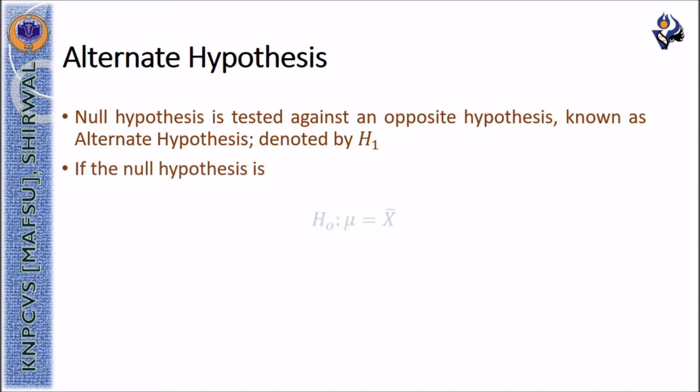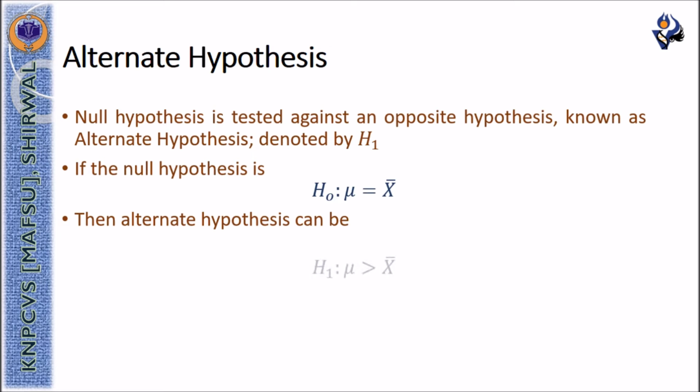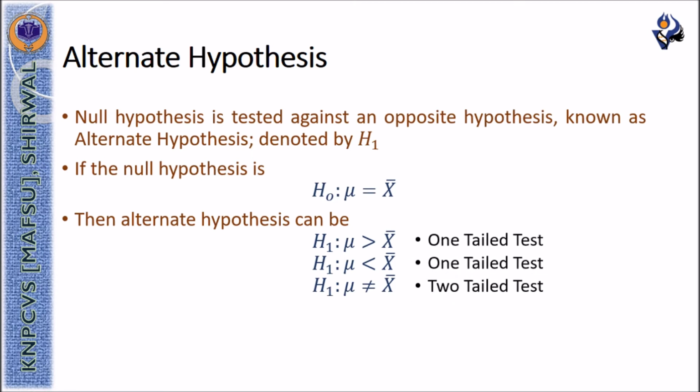If the null hypothesis is mu is equal to x bar, then the alternate hypothesis can be mu is greater than x bar, or mu is less than x bar, or mu is not equal to x bar. Mu greater than x bar or mu less than x bar are tested in a one-tailed test, whereas mu not equal to x bar is tested in a two-tailed test.